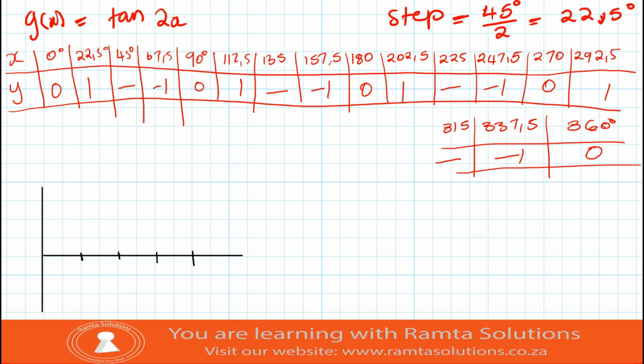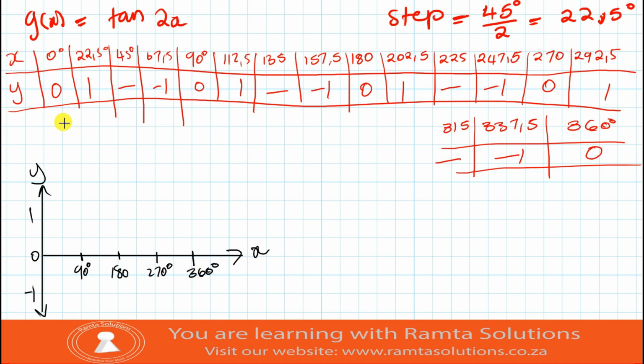This is minus 1, 0, and 1. This is x, and this is y. This is 90 degrees, this is 180 degrees, this is 270 degrees, this is 360 degrees.